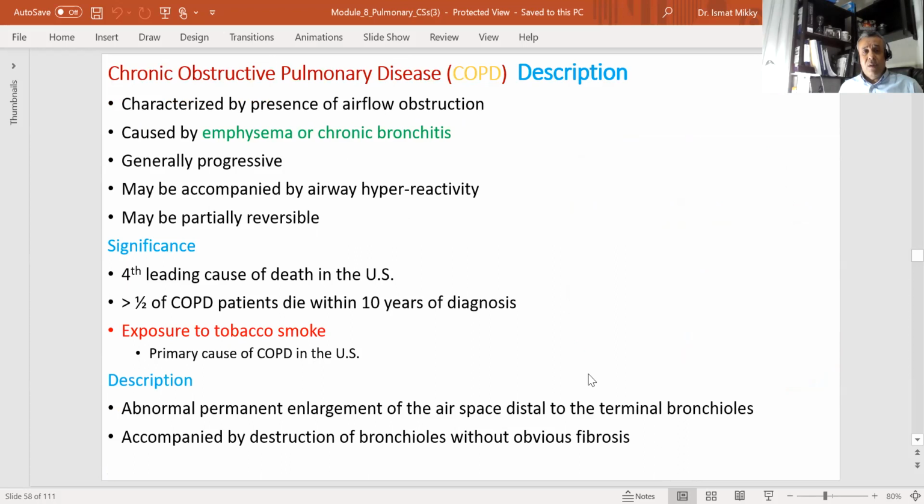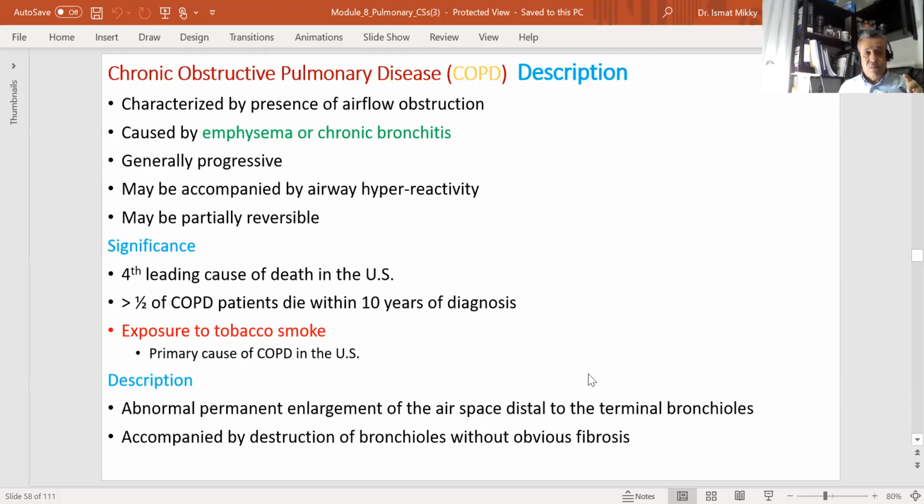So the criteria to diagnose patients with COPD is the presence of chronic productive cough for 3 or more months in each of 2 successive years, in a patient in whom other causes of chronic cough have been excluded.